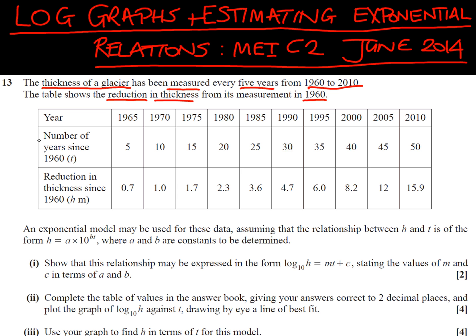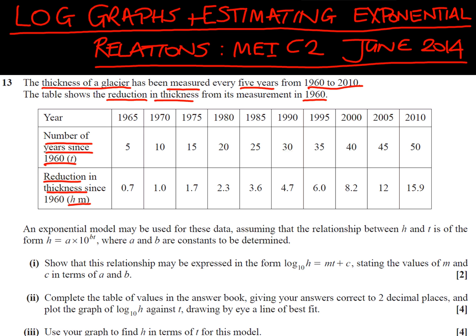They've given us time, t, as the number of years since 1960, so that makes life easy to graph, doesn't it? 5, 10, 15, 20 years to calculate with, and so that's effectively going to be our x value. It's going to go along the x-axis, and then we've got the reduction in thickness since 1960 in meters, so that's going to be our y value.